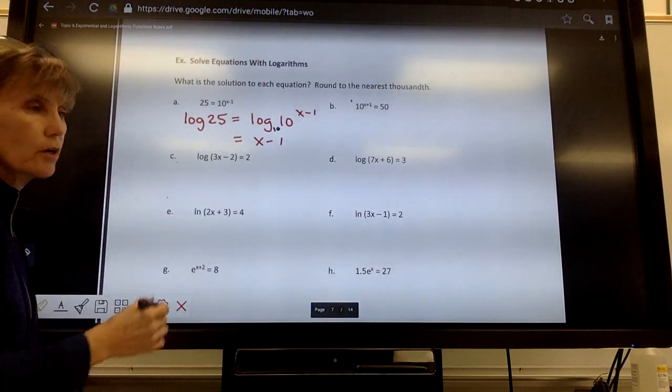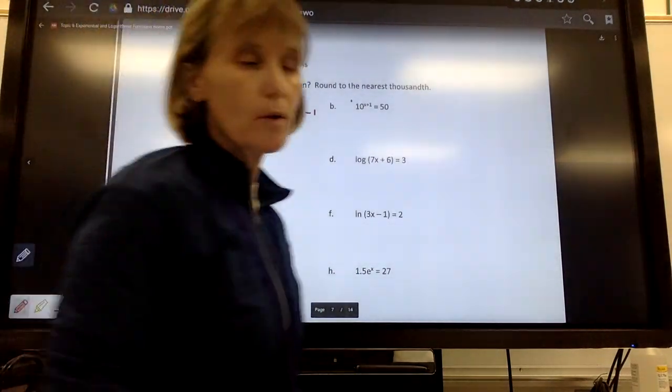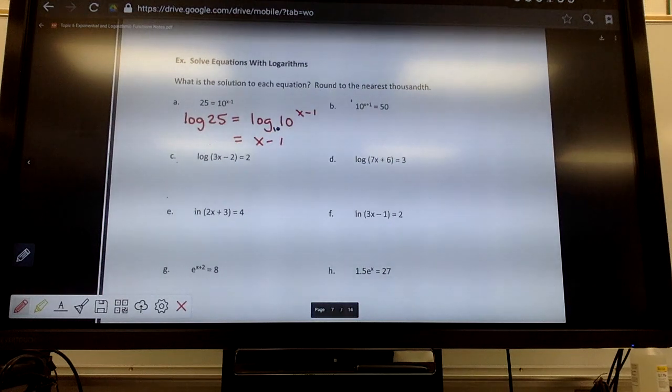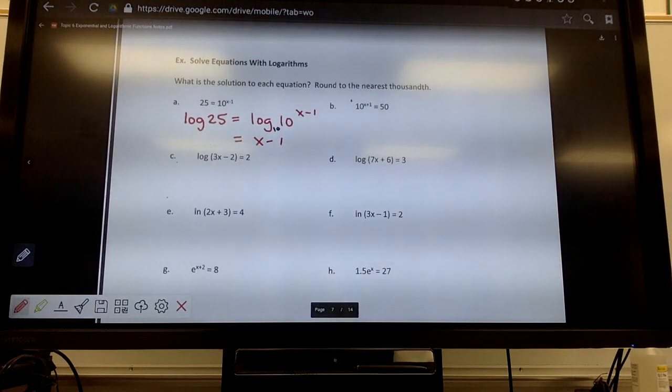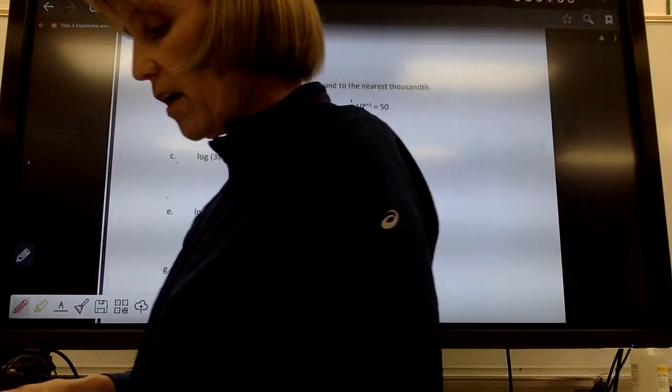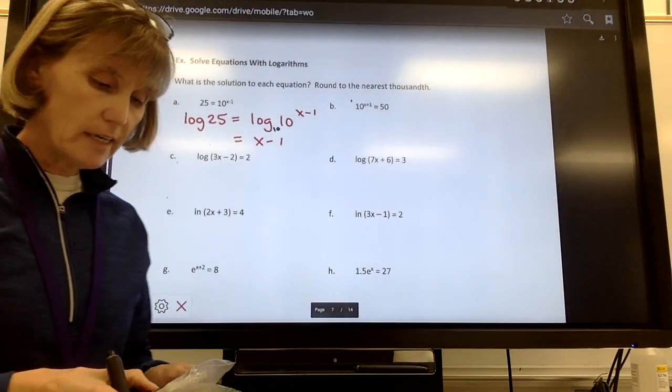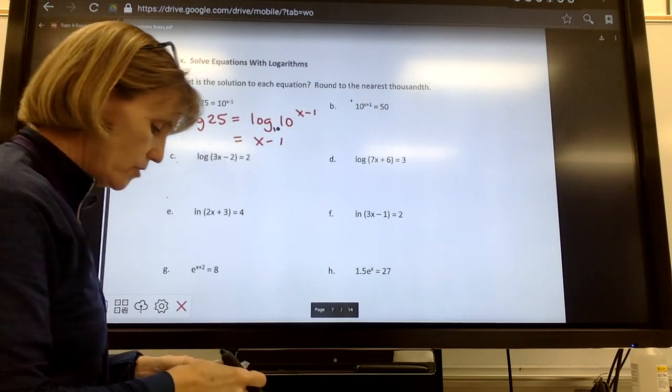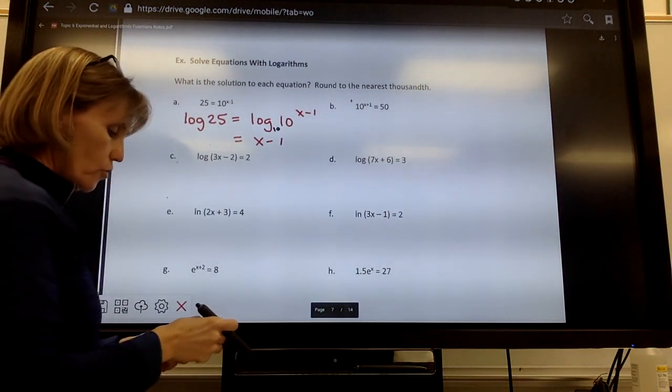On the other side, we need a calculator to evaluate the log of 25. Just like you did before, you punch in 25 and hit your log key, and I get a value of 1.398.